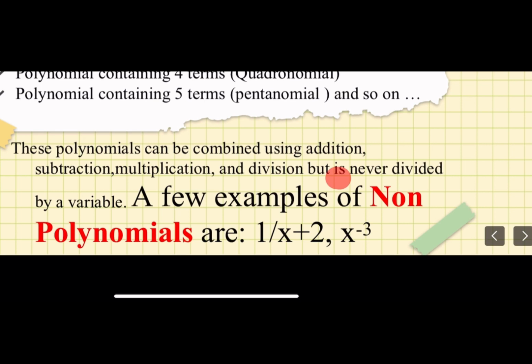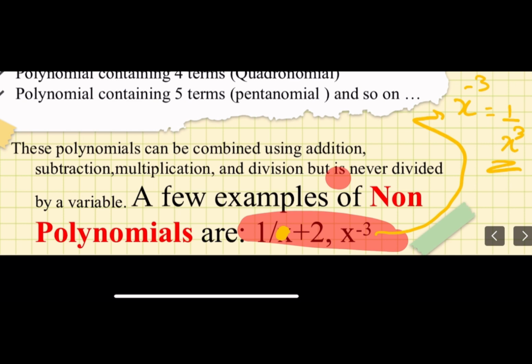So here in this example, x is dividing the number 1, which is why it is not a polynomial. More so, if you have an expression where your variable is raised to a negative exponent, it does not qualify as a polynomial, because a negative exponent means 1 over x raised to 3. So you cannot have a variable dividing the expression, hence it is not a polynomial.